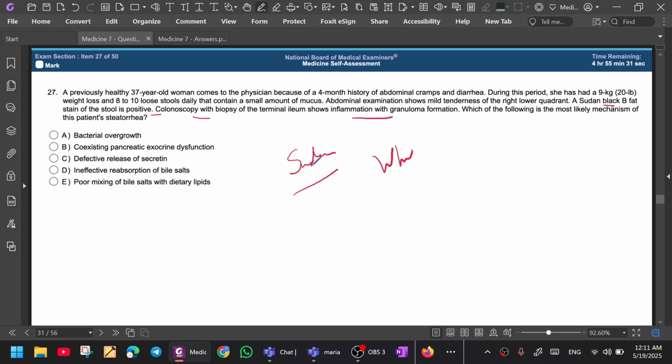Is Sudan black for Whipple? Probably, yeah. Mm, really? Yes.